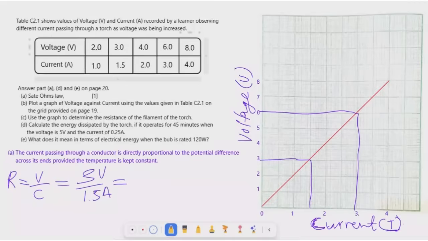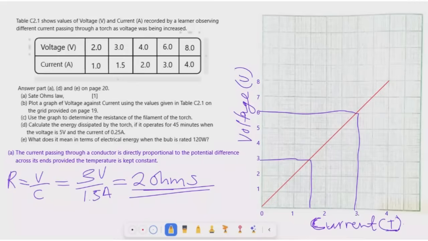When we divide 3 by 1.5, we get 2 ohms again. So the answer, using the graph, is 2 ohms. If you have questions, you can ask in the comment section.